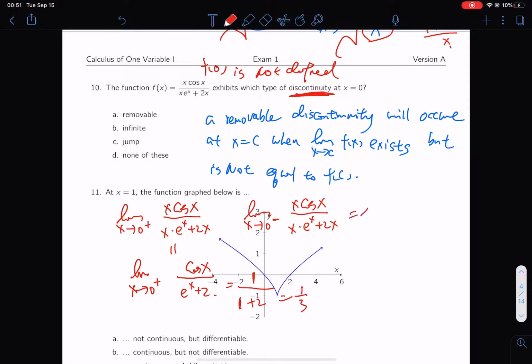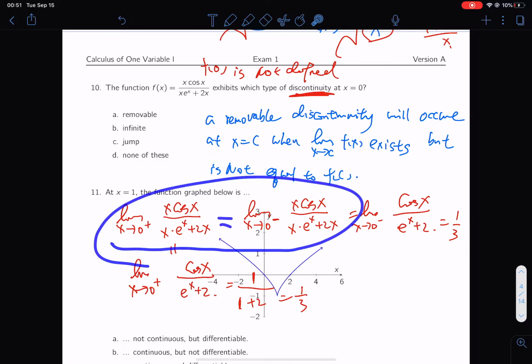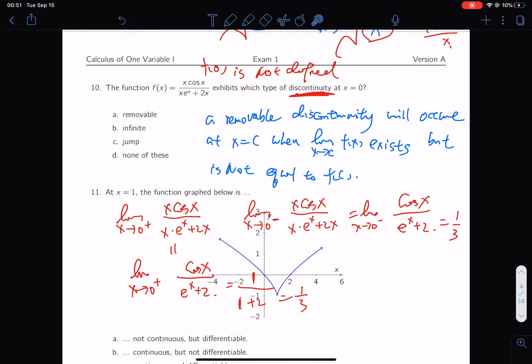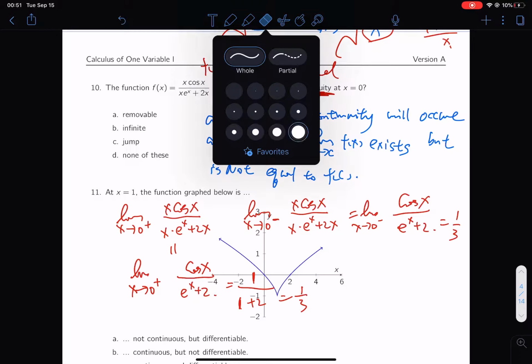And similarly for this side, the limit as x approaches 0 minus of cosine x divided by e to the x power plus 2 is also 1/3. So we can see the left side limit and the right side limit are equal to each other. So the limit exists, but it's not equal to f of c because f of 0 is not defined. So for this one, we choose A.